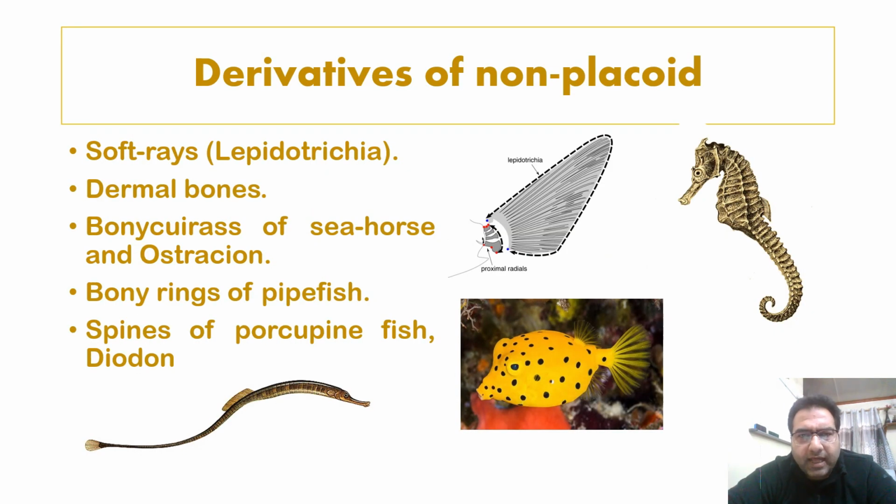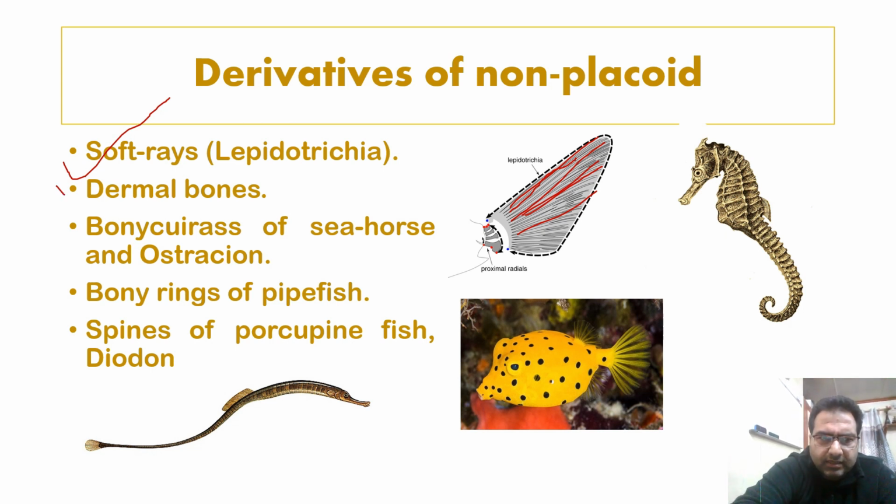There are certain derivatives of the non-placoid scales as well, such as soft rays or lepidotrichia. That is, those soft rays which are derived from the proximal radials toward the margins, we call them lepidotrichia. Then dermal bones in certain cases, or the bony cuirass of the seahorse, the cowfish, and in the case of Ostracion, that is the boxfish, is also a derivative of the non-placoid scales.